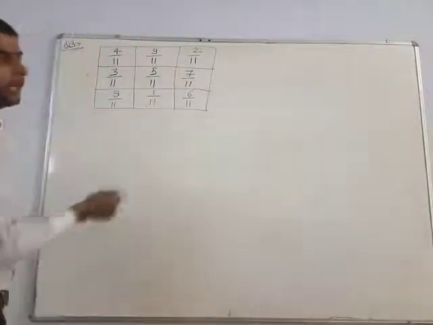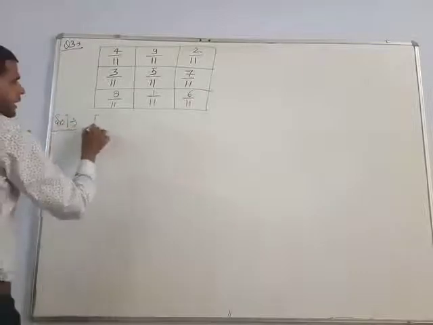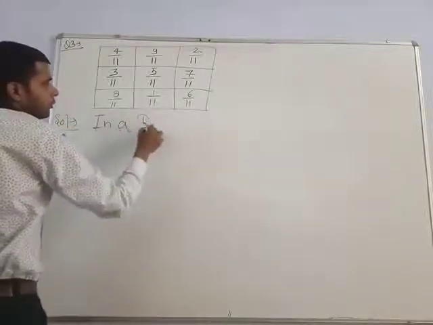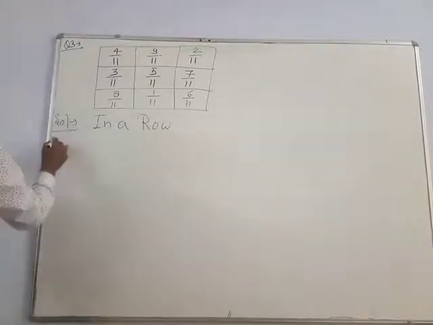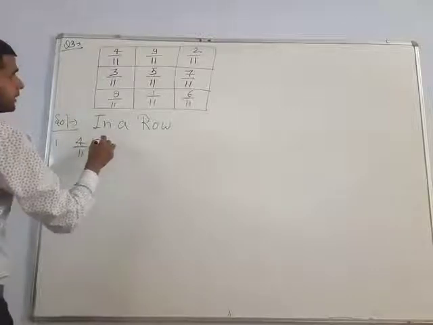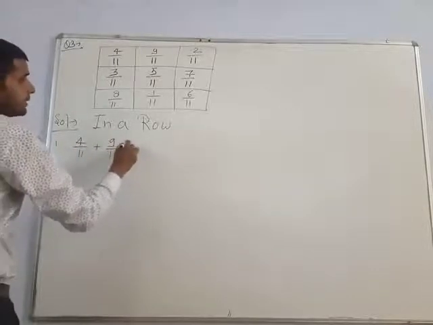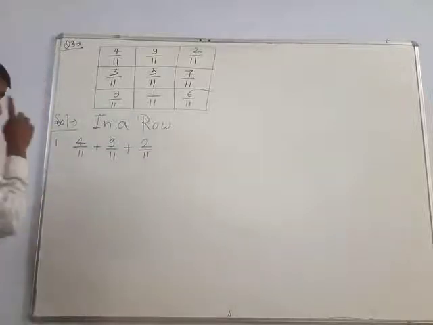First, in a row: 4 upon 11 plus 9 upon 11 plus 2 upon 11, right?